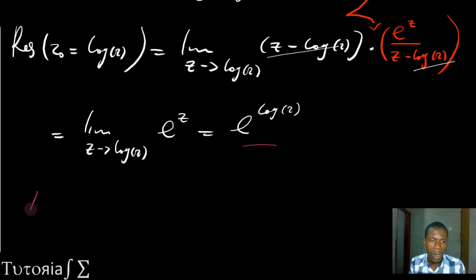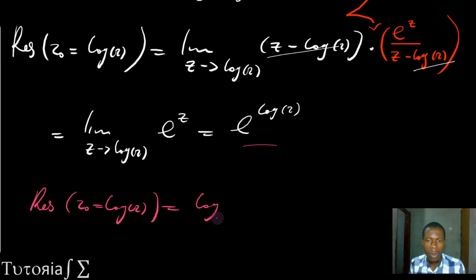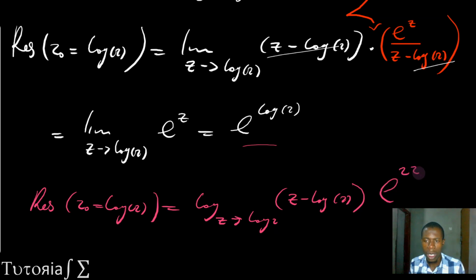So suppose you had residue of z equals log of 2, and you had z approaching log of 2, here you had z minus 2, and here you had e to the power 2z over z minus 2.